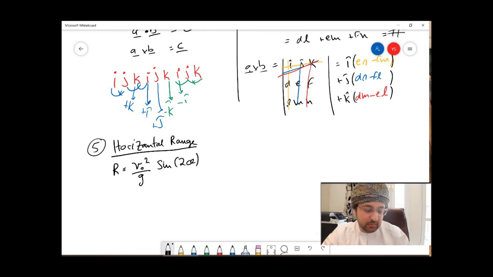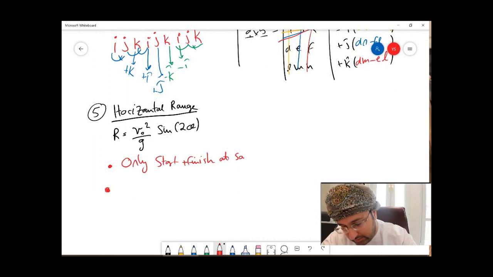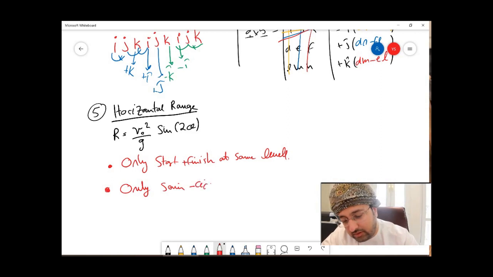Okay. Now we said very important, and I'm going to write it in a danger way. Only start plus finish at same level. Only semi-circle-ish.